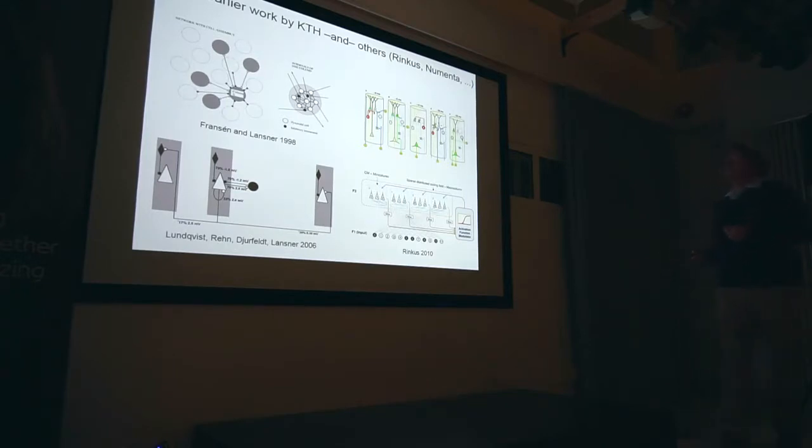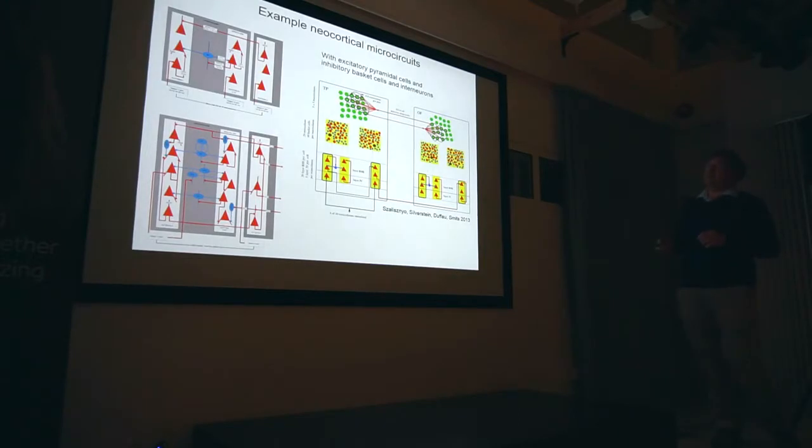Some work at KTH and other places has looked at modeling these minicolumns and connections between minicolumns, and this was further expanded across these macrocolumns. And other people have also defined these basically memories across hypercolumns, including Rinkus and Mentor.